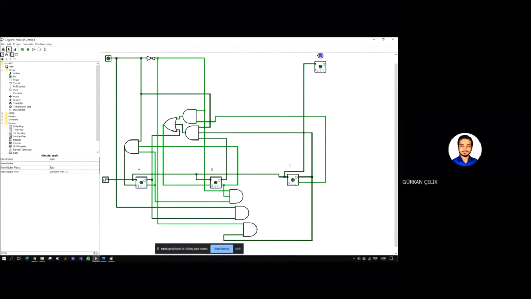Yes. So we need an OR gate with 3 inputs. And it should be connected to the input of a D flip-flop, C. Okay. So lastly, we need to connect this one.